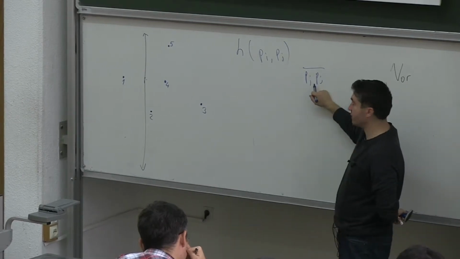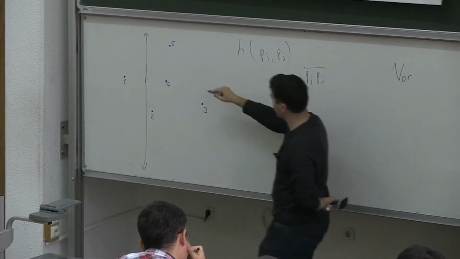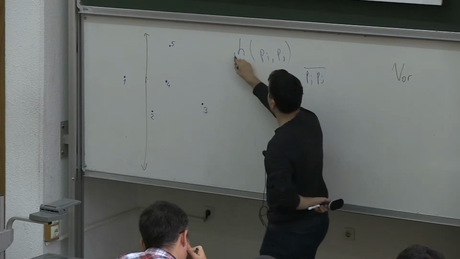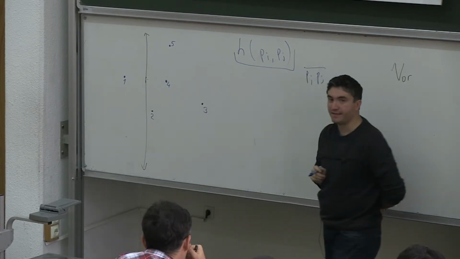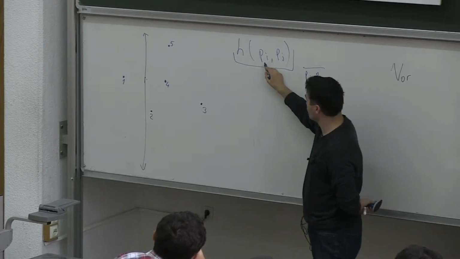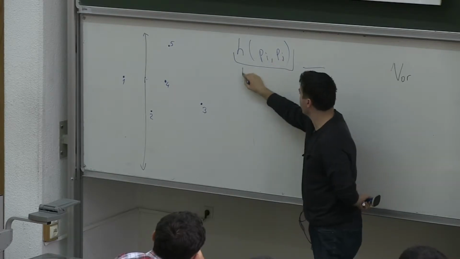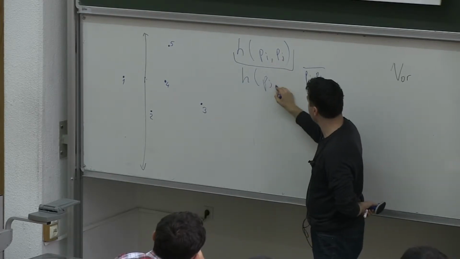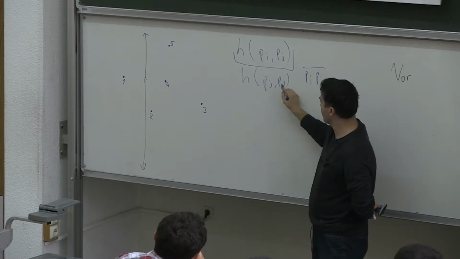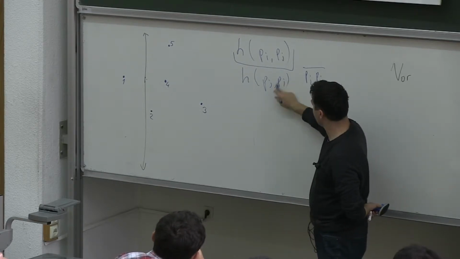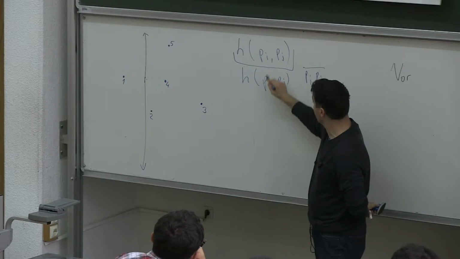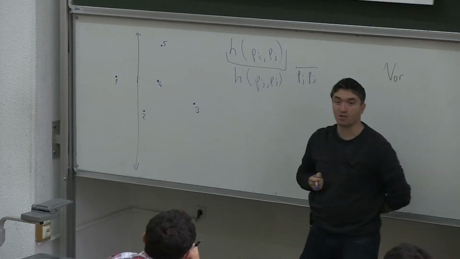The bisector of this line segment is this line, and this half plane indicates the plane which is closer to Pi. So these are 2 different half planes: this one belongs to Pj, and this is the half plane that belongs to Pi.